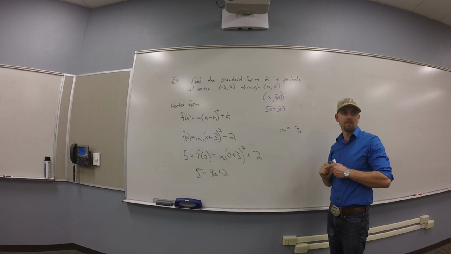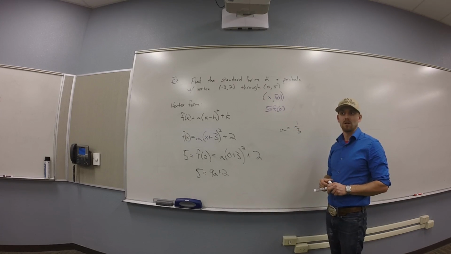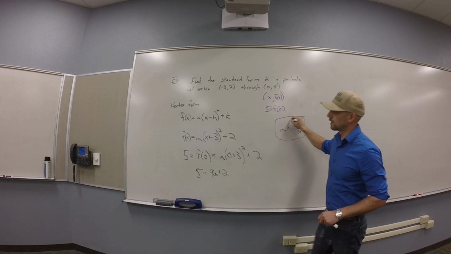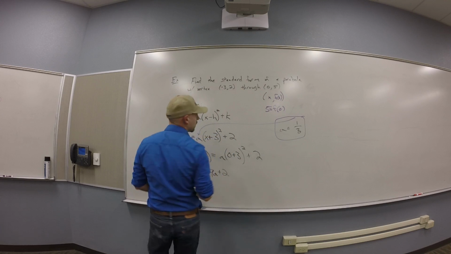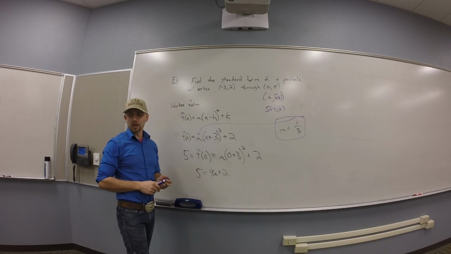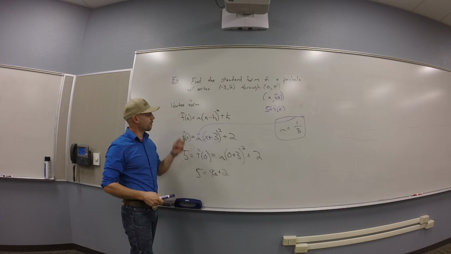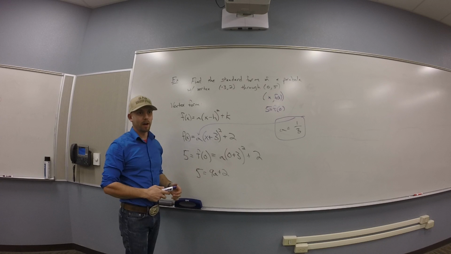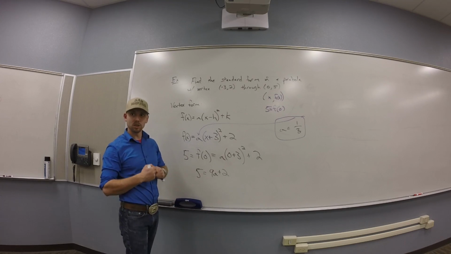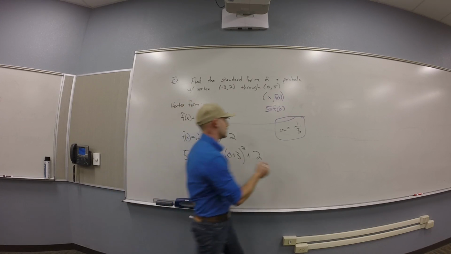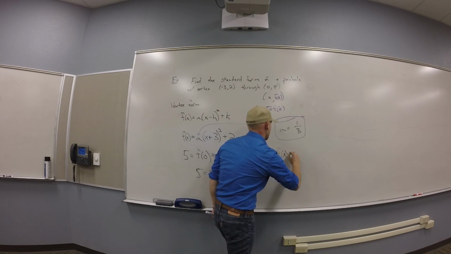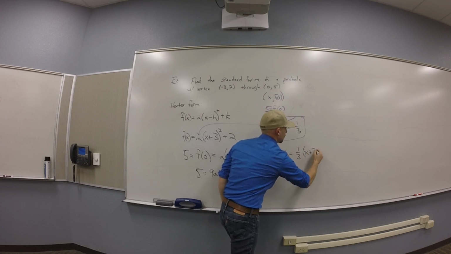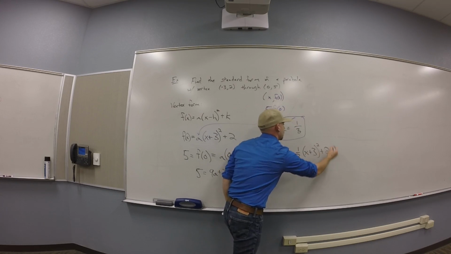Okay, what do you do with that piece of information? You just put it back. Take this and put it back over here, into your vertex form. So now we're going to incorporate both the vertex and this vertical stretch information that we got out of the other point. That'll tell me that f of x is 1/3 times x plus 3 squared plus 2.